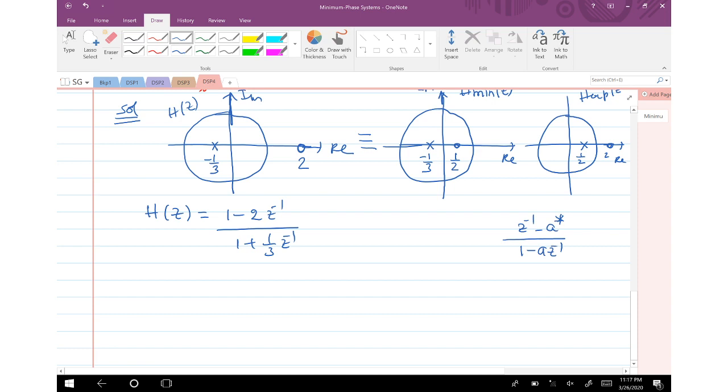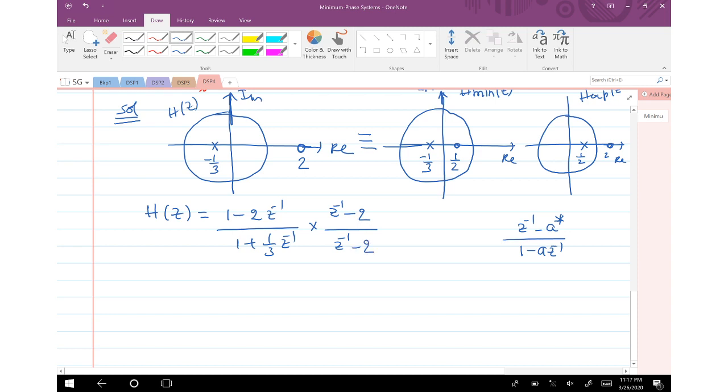Okay, so let's see here. There is no problem with the pole. There is only a problem with 1 minus 2 into z inverse. It looks like 1 minus a into z inverse. So you multiply with z inverse minus 1 minus a conjugate, which is nothing but 2. Here 2 conjugate is 2 only. You multiply and divide so that you have the same term.